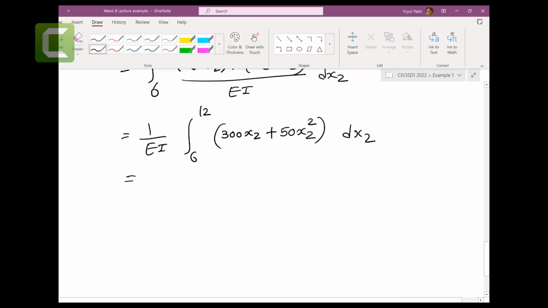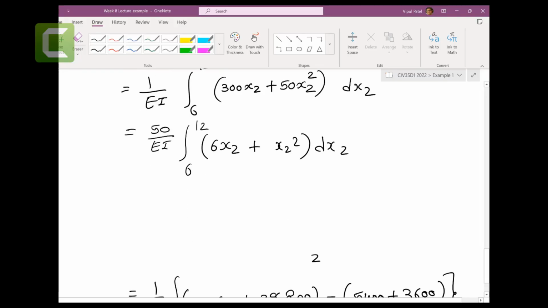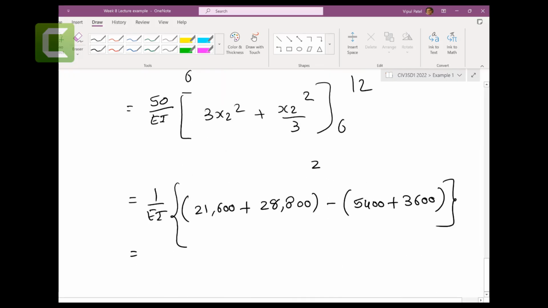Then we are dealing with a small number, so let's take the 50 out. 50 over EI, 6 to 12, 6x2 plus x2 square dx2. 50 over EI, 6x2 square on 2, which is 3x2 square, plus x2 cubed on 3, 6 to 12.